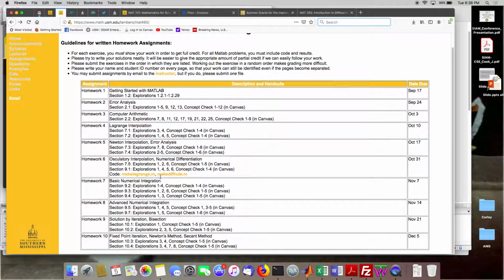One thing I want to point out on the assignments, I don't know how many have started on this one, homework 7. I actually decided to remove a couple of problems.